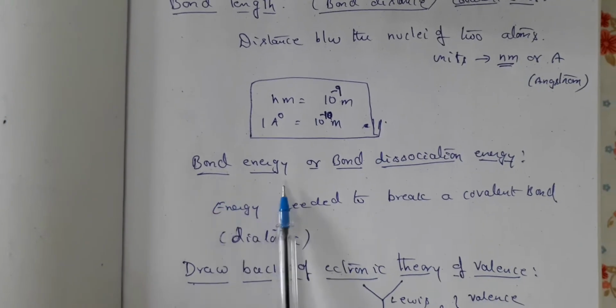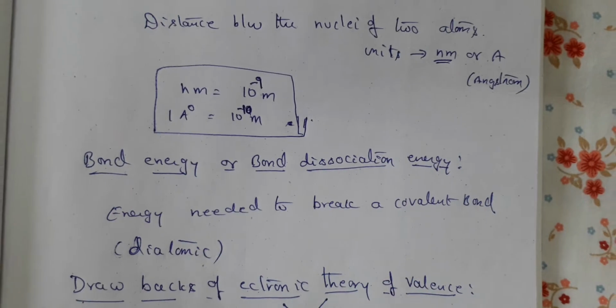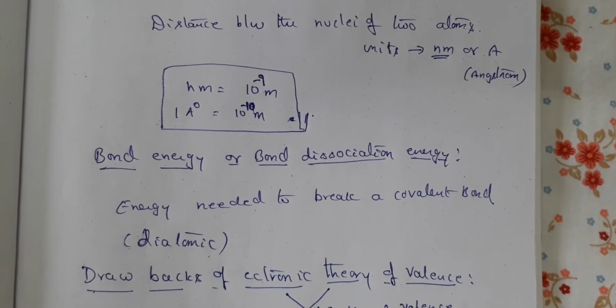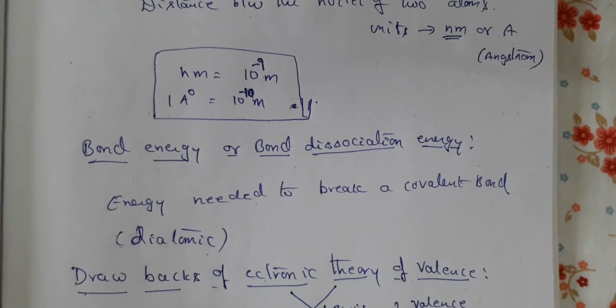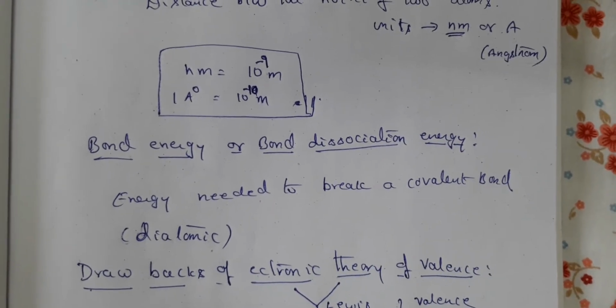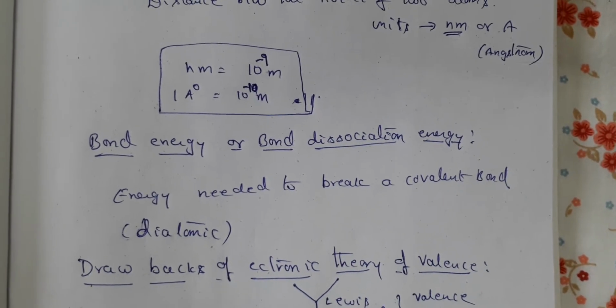Next term is bond energy or bond dissociation energy. So what is this dissociation energy? It is the energy needed to break a covalent bond between two atoms, and then we call it a diatomic covalent bond.